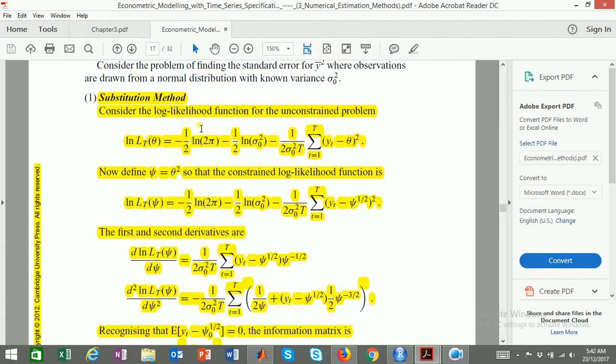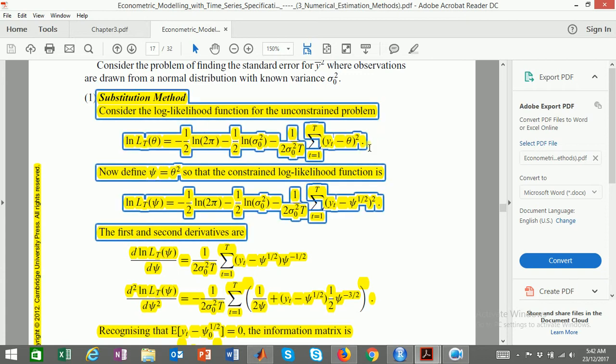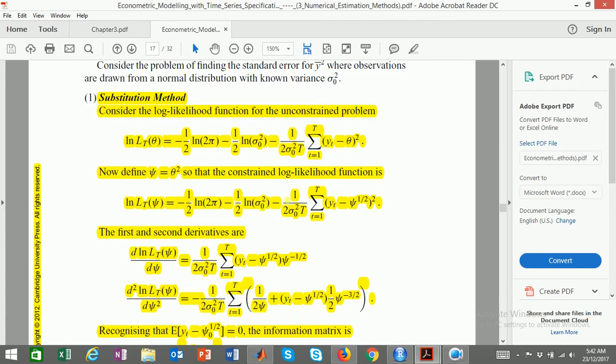There are two log likelihood functions we must estimate. So basically there are two local functions we create. One is unconstrained and one is a constrained log likelihood function. What is the difference between unconstrained and constrained?